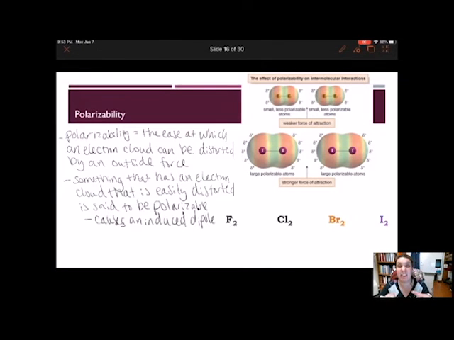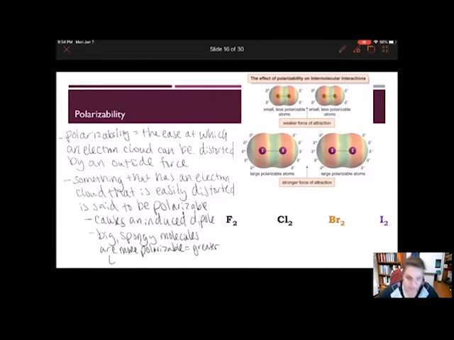So big spongy molecules are more polarizable and will have greater dispersion forces. So our LDFs, our London dispersion forces, are going to be greater.